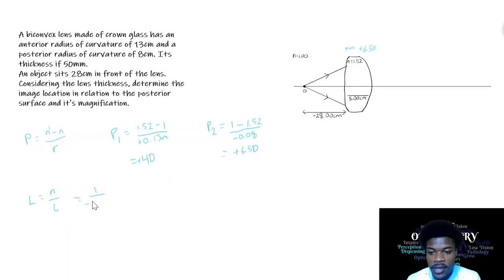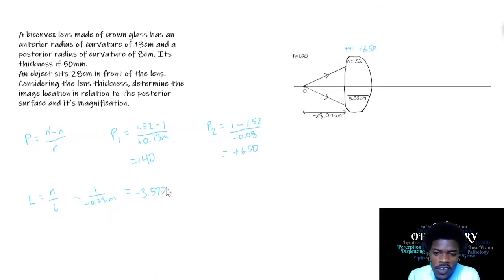So this will be minus 0.28 meters. And when we calculate this, we are going to get minus 3.57 diopters. This is our object vergence, guys.